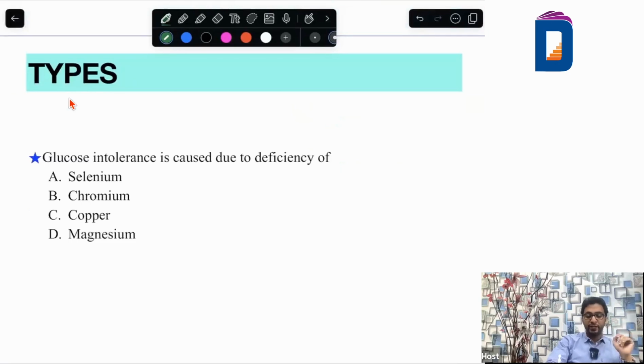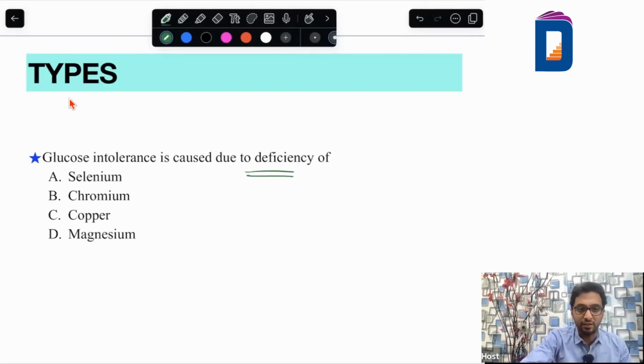So we say that there is glucose intolerance, or I would say insulin resistance. Both same. Insulin resistance is associated with deficiency of one particular element or mineral. What is that? Basically, it's very much utilized in the treatment, especially the Ayurveda treatment.